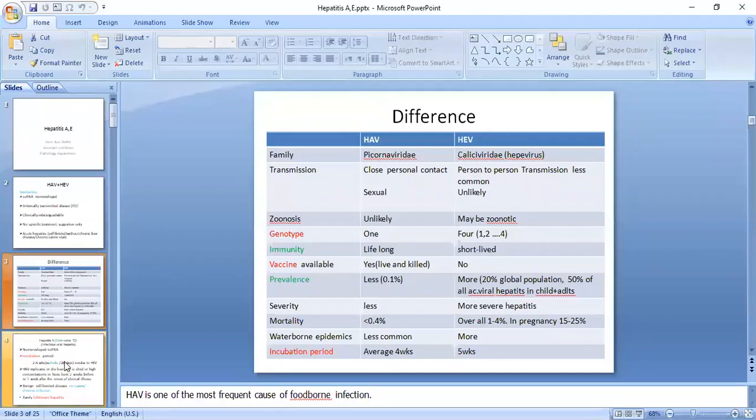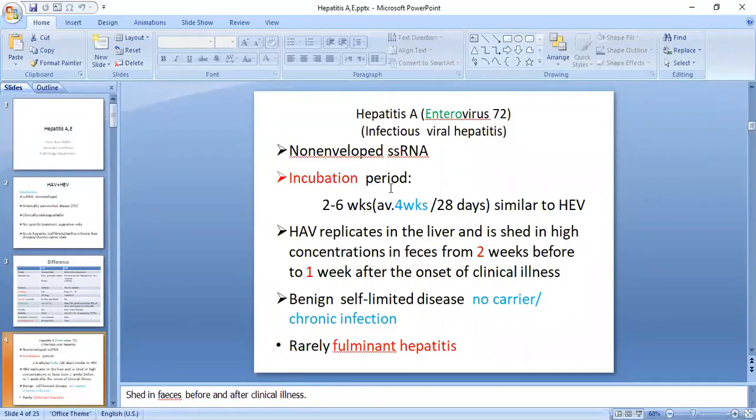Let us move forward. Now the hepatitis A virus. Hepatitis A virus is also known as enterovirus 72. It causes infectious viral hepatitis. It is an RNA virus, and it is non-enveloped.